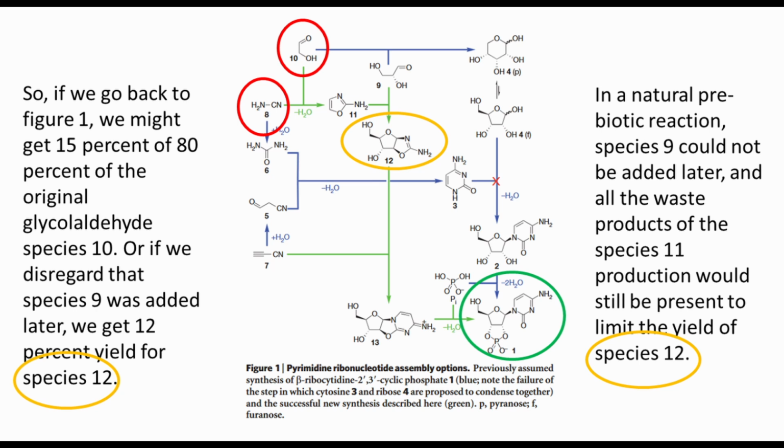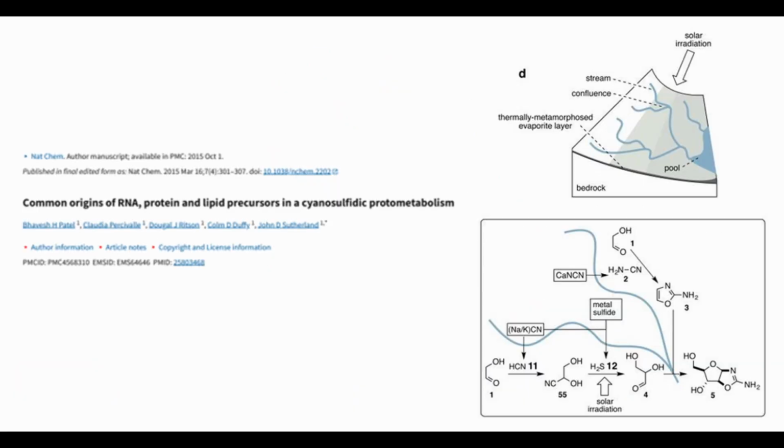In a natural prebiotic reaction, species 9 could not be added later, and all the waste products of the species 11 production would still be present to limit the yield of species 12. In the 2015 Patel, Sutherland et al. follow-up paper, Sutherland proposes his separate beakers could represent a network of pools along a stream that would allow separate reactions to occur at different locations and times.